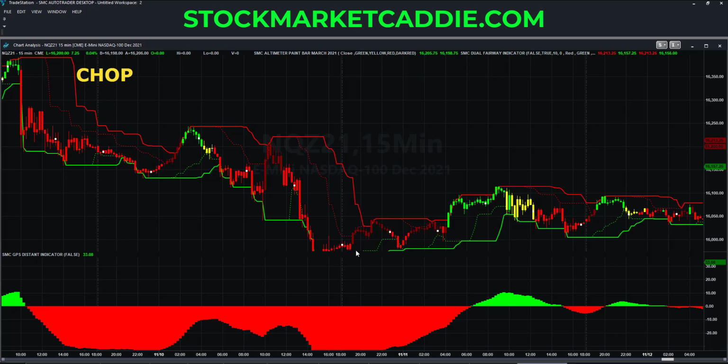If you'd rather not use the dual fairway, we have something called the dynamic range, which will also show you price action that is stepping up, stepping up, stepping up, or stepping down, or going sideways.